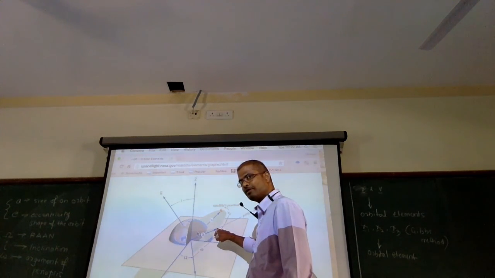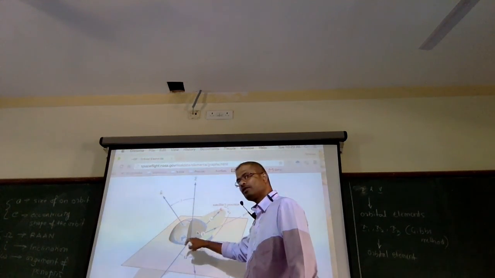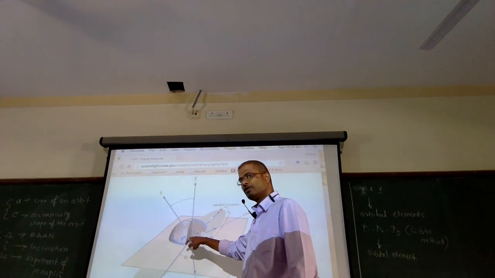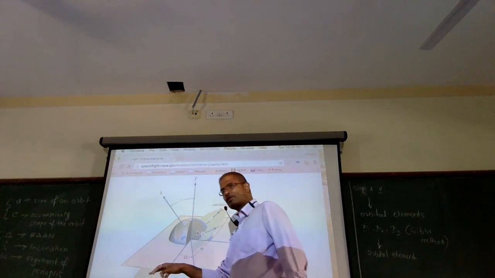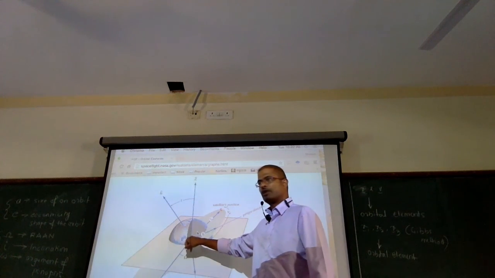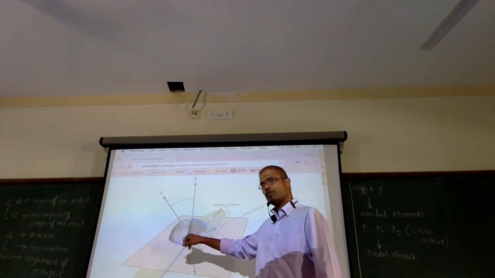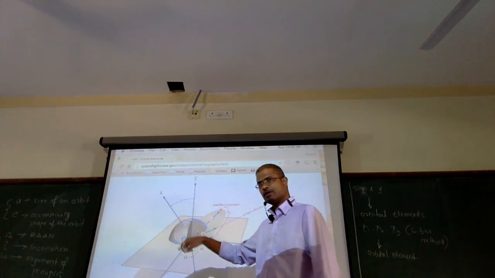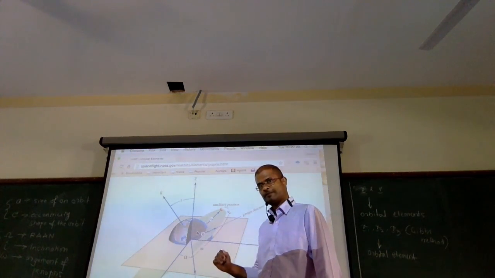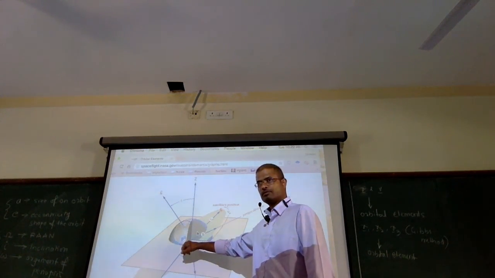You get it? So this is not the center of the orbit. This is the center of the central body. The focus is the center of the central body. So this is that focus. Got it?